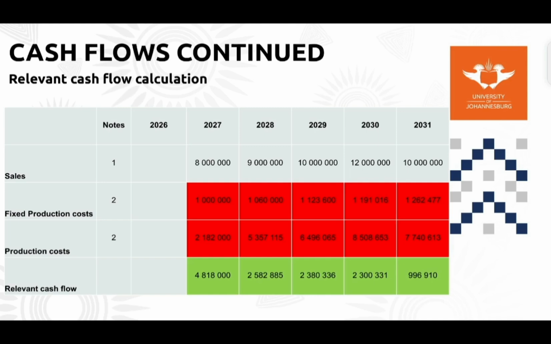Our costs, there they are in red, to get that value of 4.8, 2.5, 2.3, 2.3, and 900, right? So basically, these are our profits that are going to be deducted based on tax, right? Yeah, that's just basically it. And then again, colored, because this is money going out in red, this is money going in green, right?